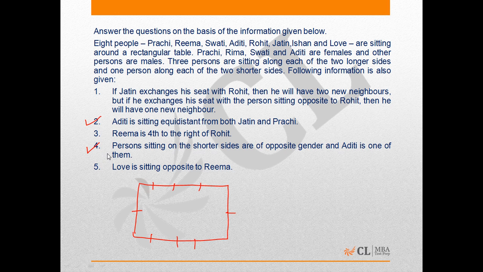In statement 4, it is given that persons sitting on the shorter sides are of opposite gender and Aditi is one of them, which means Aditi is sitting along one of the shorter sides, and the person sitting opposite to her is of opposite gender, that is a male.